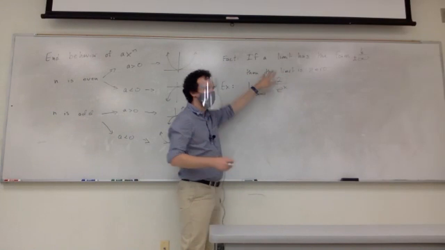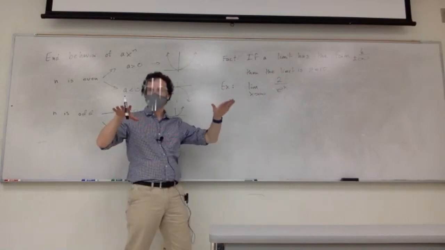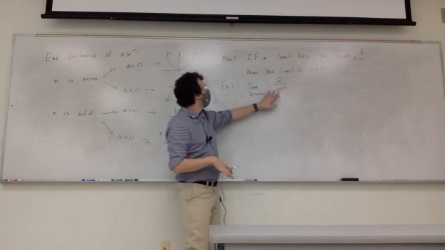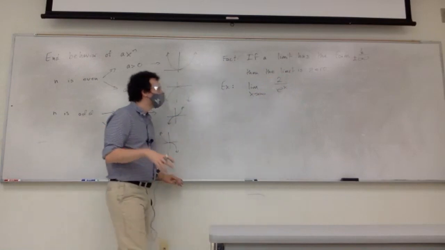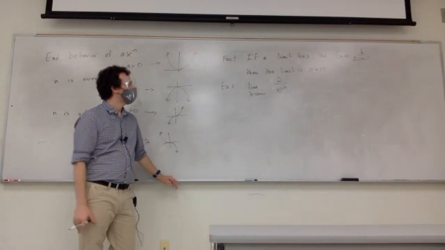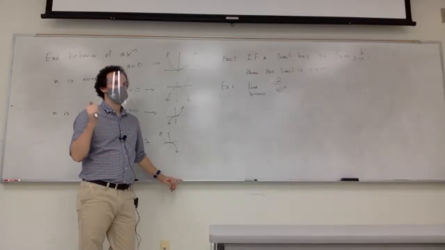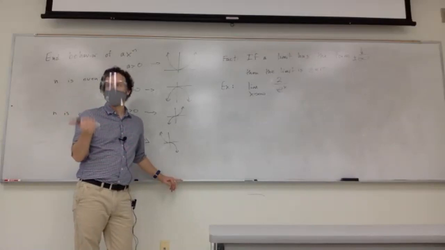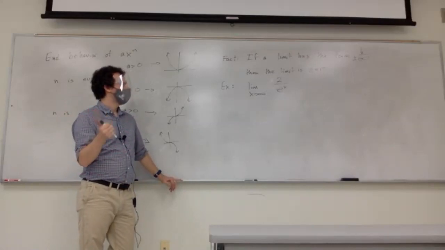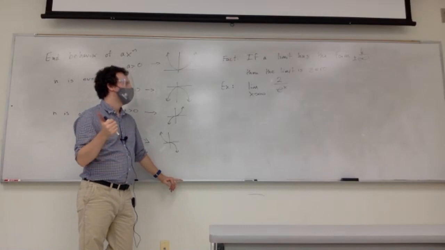Constants, like before, don't go anywhere. A limit of a constant is just that constant. For e to the x, the way to really go about it is mentally picture the graph. And, well, I guess one way is just remember the specific fact. The limit as x goes to infinity of e to the x is infinity.